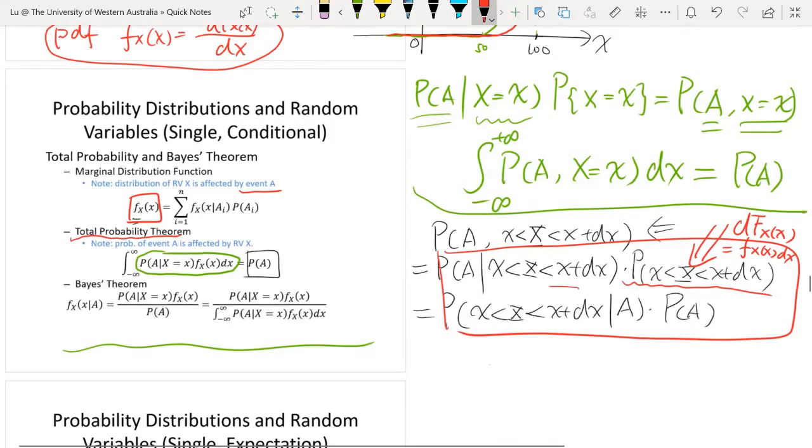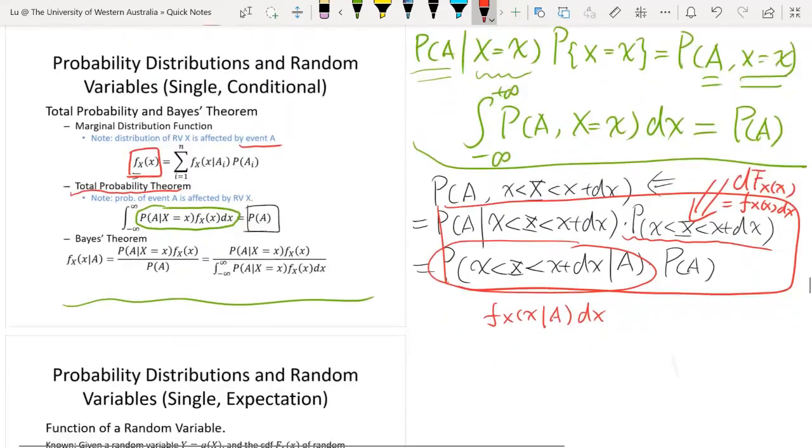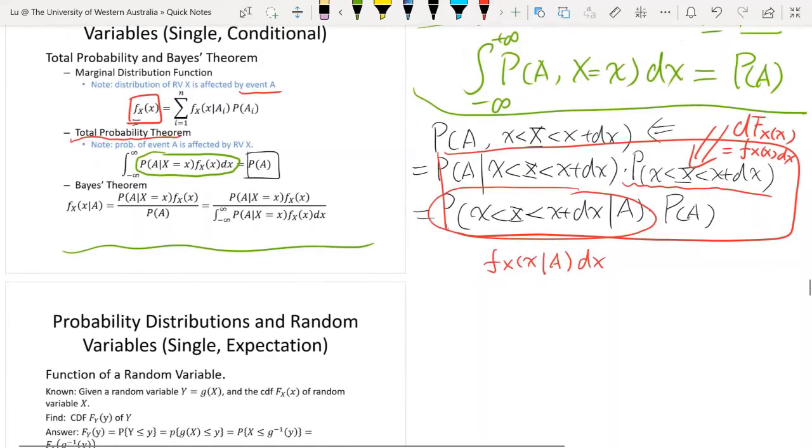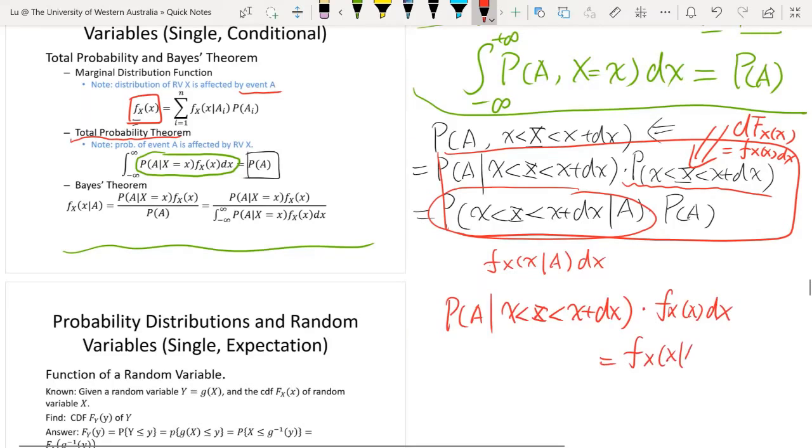And similarly, for the first term here, this is actually fX(x) subject to A, then dx. Now we can rearrange the whole equation like this.